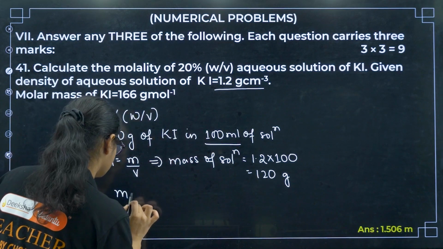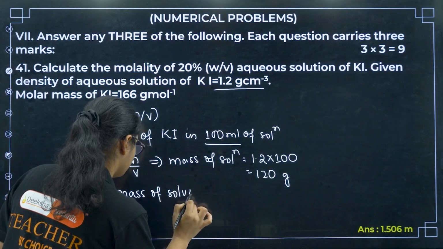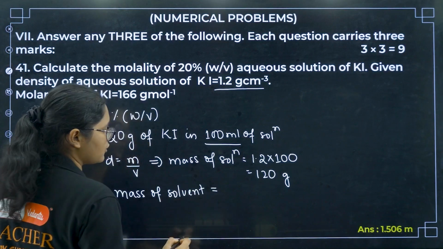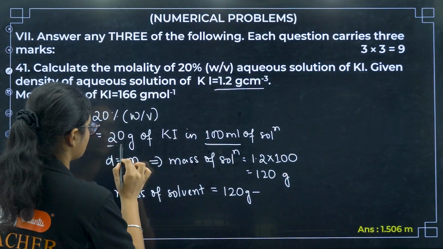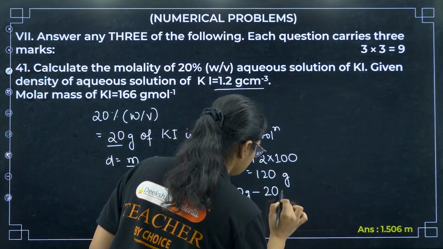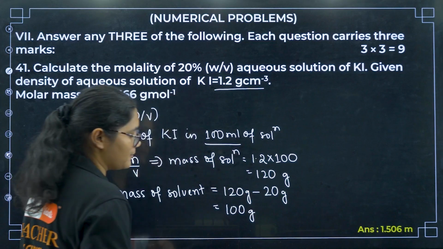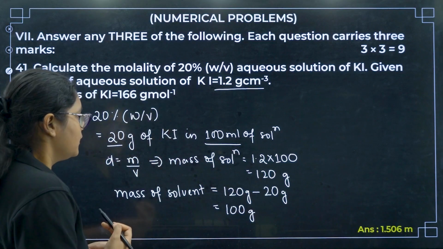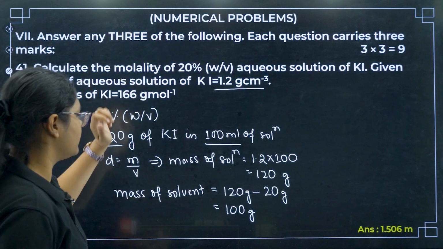So what is the mass of the solvent? Okay, what is mass of the solvent? 120 gram minus mass of the solute is 20 gram, that is 100 grams. Okay, now if I want to calculate the molality, right?